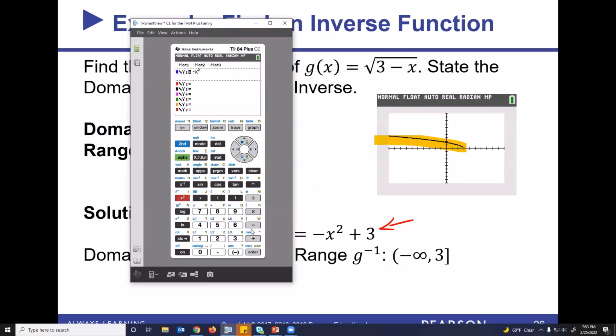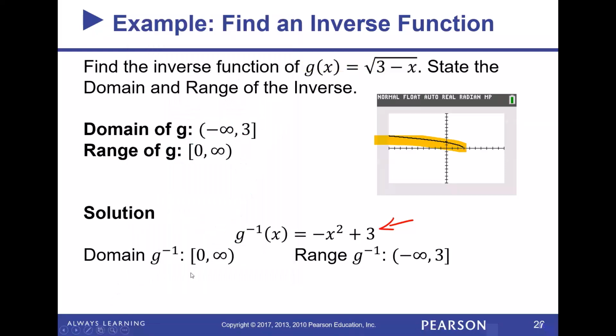This is why I don't want you to look at the inverse and determine its domain and range, because it looks like it has a domain of all real numbers, which is totally not the case. That's because the original did not have a domain and range of all real numbers, so therefore the other graph does not either. But it's not as obvious until you start looking at the functions themselves.